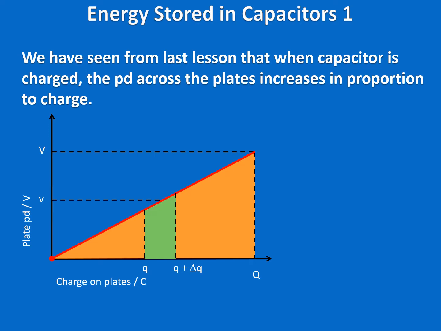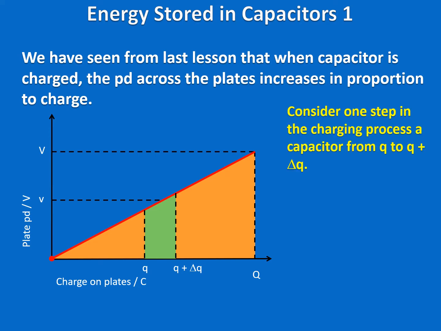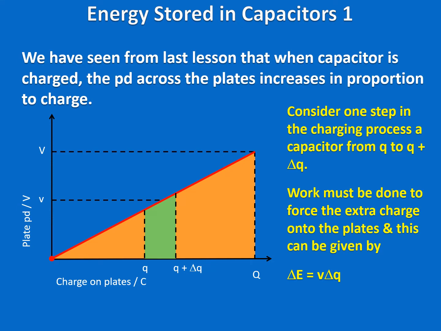Looking at the graph, we can consider charging the capacitor by a small amount, delta Q. If we're going to put more charge on that capacitor, work must be done. So charging from Q to Q plus delta Q, we have to do work, and we can find the work done by looking at the graph.